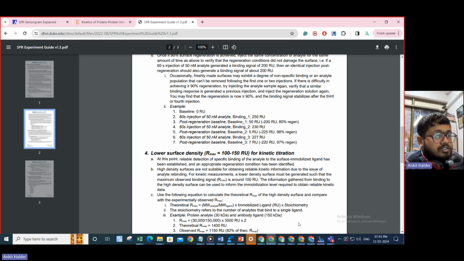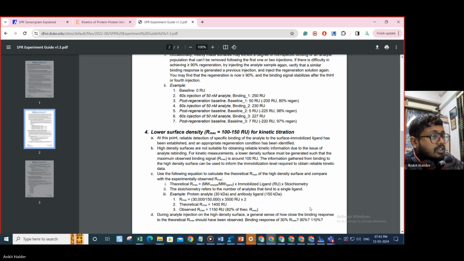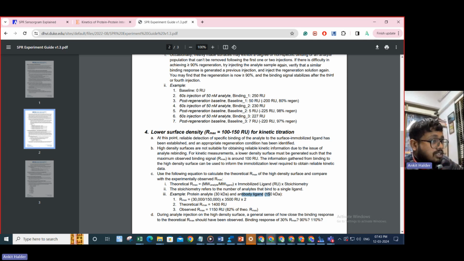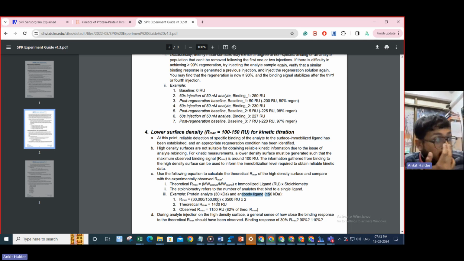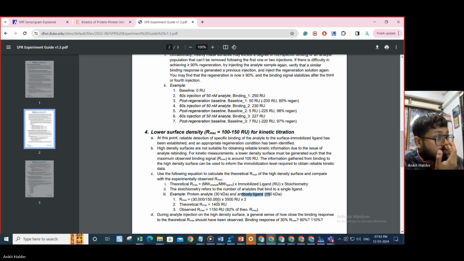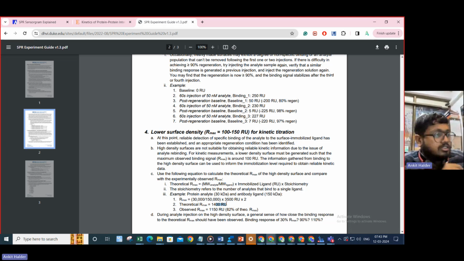So this is an example which we can do. The protein analyte is 30 kilodalton and the antibody is 150 kilodalton. So Rmax is 30,000 divided by 150,000 times 3,500 RU times 2. So the theoretical Rmax one should get is 1400 resonance units, but observed is 1150.